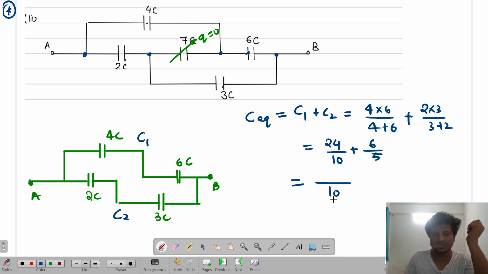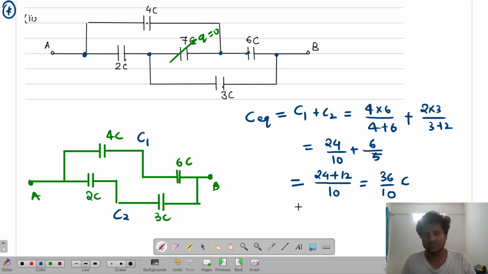So the LCM is 10: 24, 5 twos are 10, 6 twos are 12. So that is 36 by 10, my net capacitance. Are you able to get me? Which is 18 by 5 or 3.6. Is that clear?